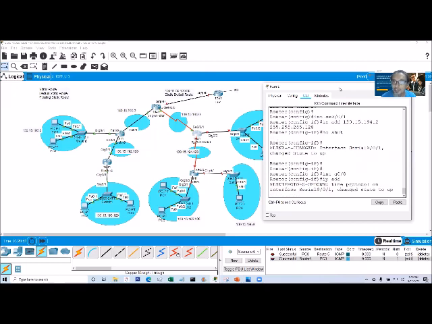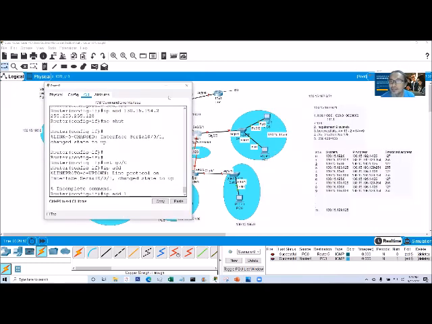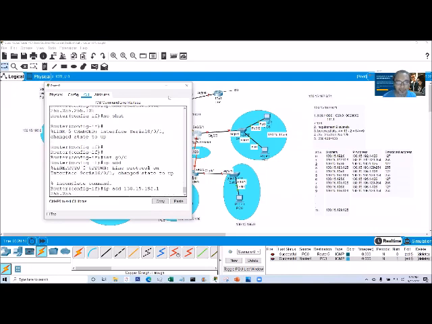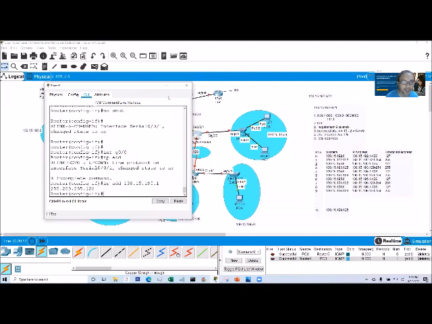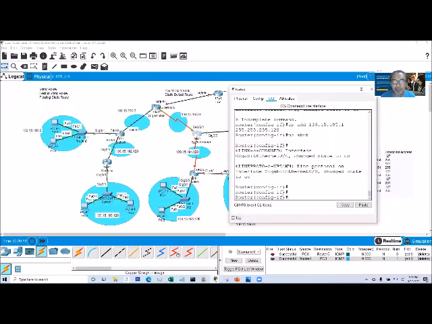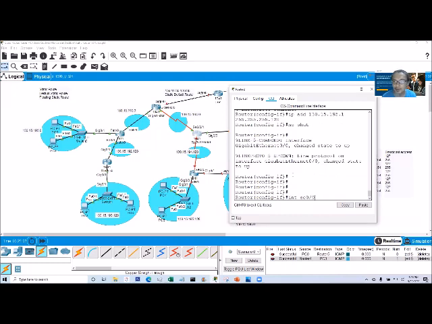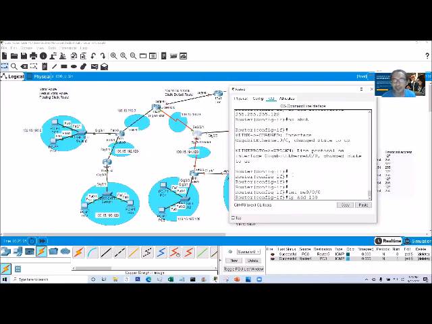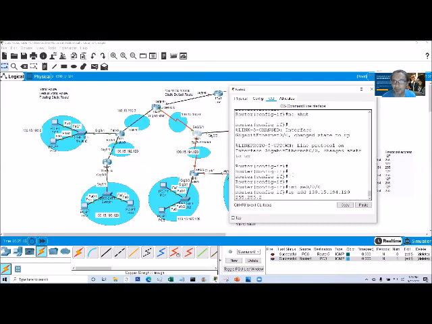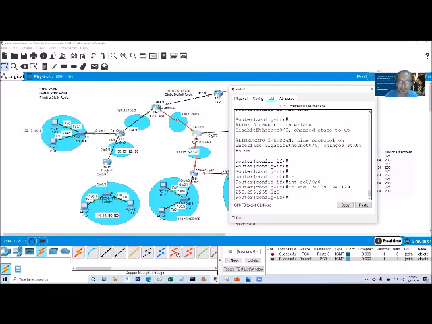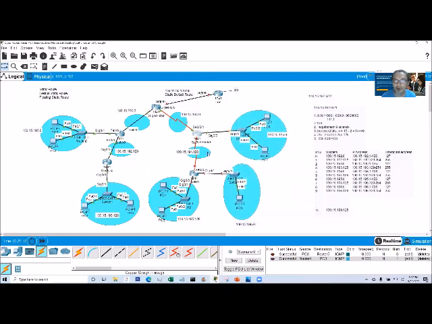So the IP address that we are going to use is 130.15.195.1 255.255.255.128. Enter. No shut. Then we're going to target also int Se0/0/0, ip add 130.15.194.129 255.255.255.128. Enter, no shut. So basically, this router is good to go.